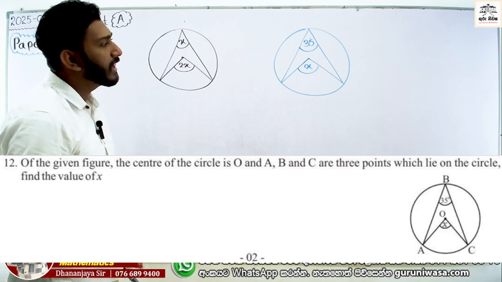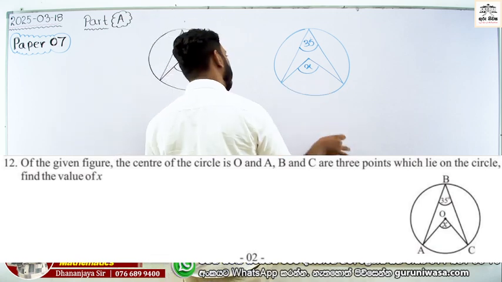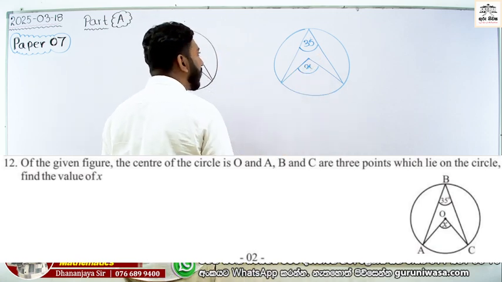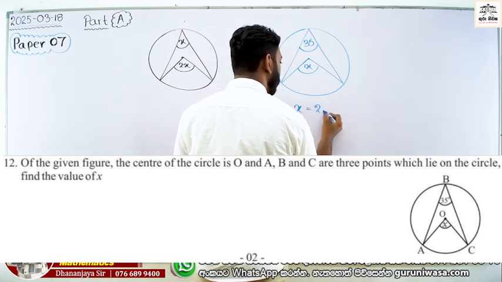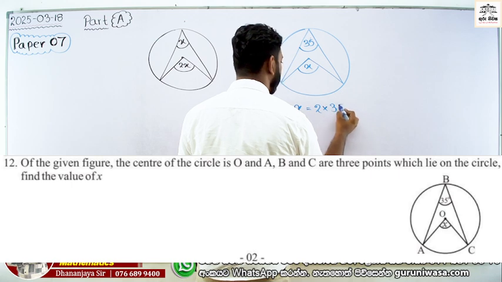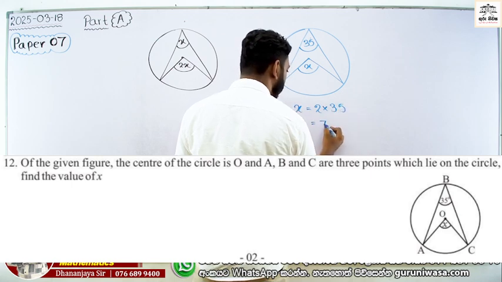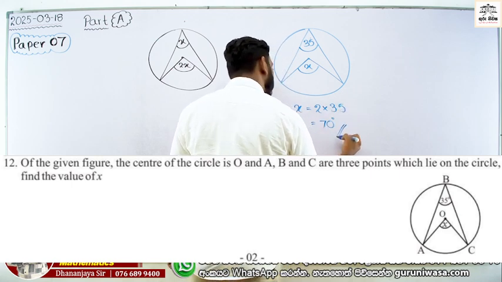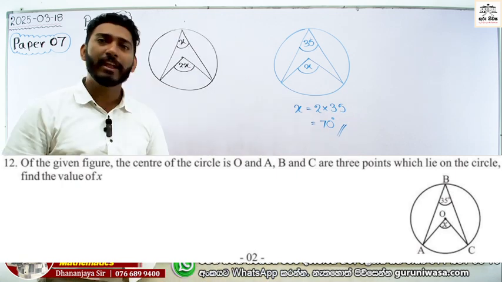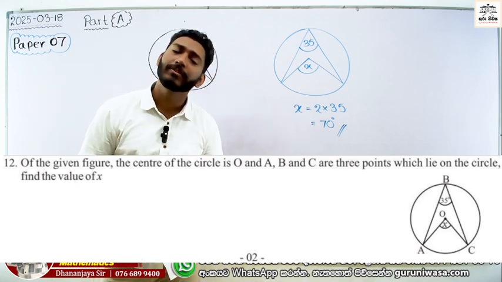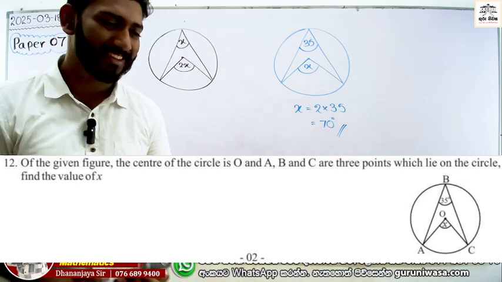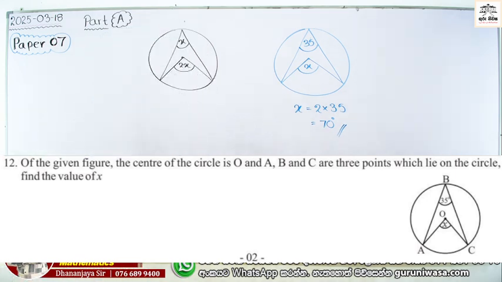Find the value of x. The angle at the center is 2 times the angle at the circumference. Therefore, x becomes 2 multiplied by 35. Then the answer is 70 degrees. This one is 70 degrees, right? Hurry up. Note that down.